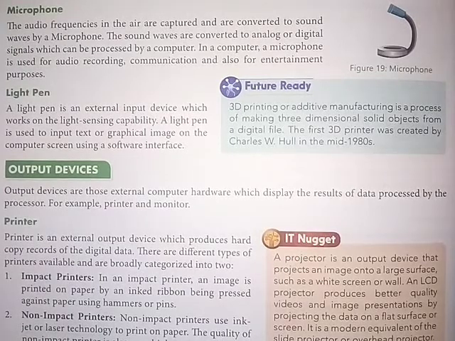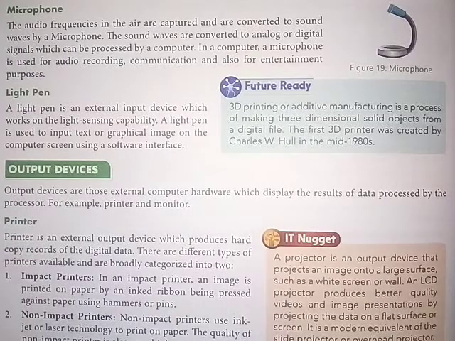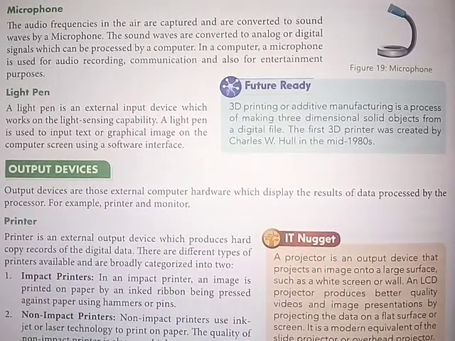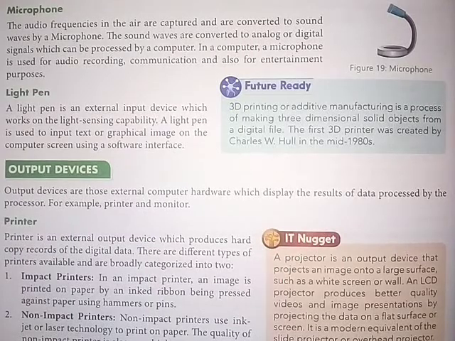Light pen. A light pen is an external input device which works on the light sensing capability. A light pen is used to input text or graphical image on the computer screen using a software interface.